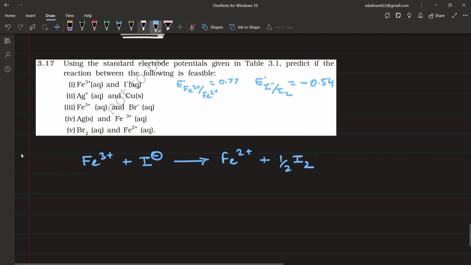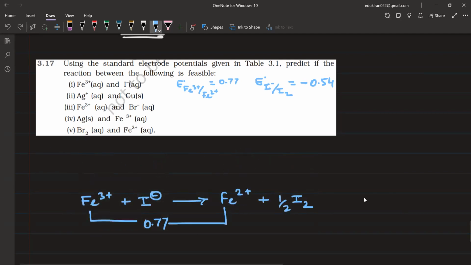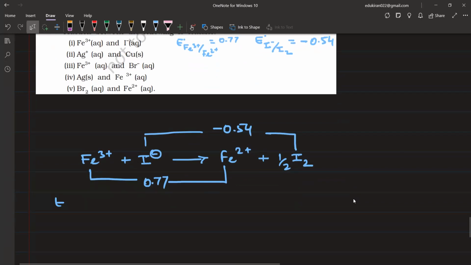So Fe3 positive to Fe2 positive, we are getting how much? 0.77 volts. And iodine negative to iodine, this is taking how much? Minus 0.54. So the E naught cell will be equal to how much? 0.77 plus minus 0.54, which is 0.77 minus 0.54.